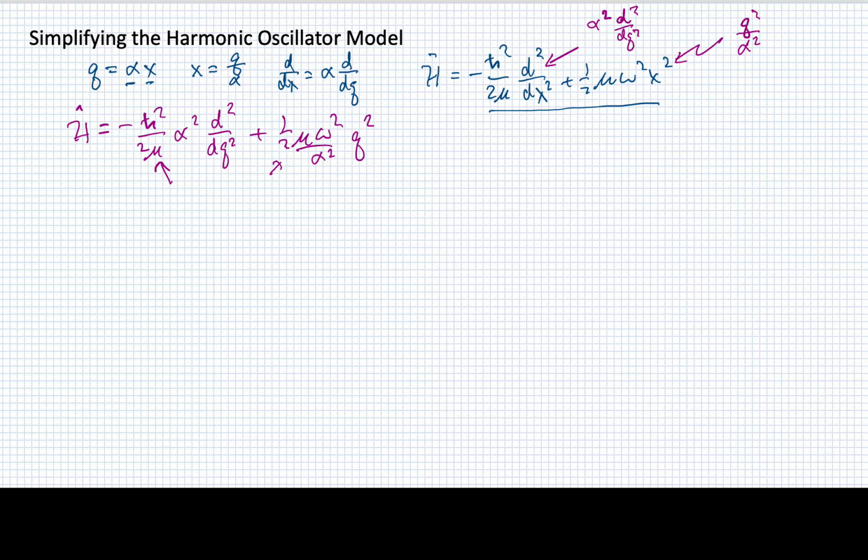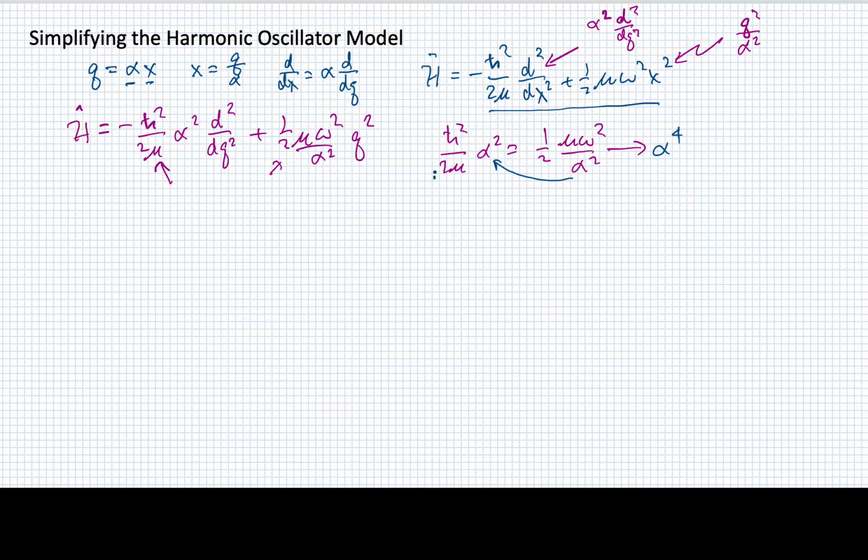If I want these two to be the same, then that means essentially that I want this factor to equal this factor. So I need to solve for alpha that does this. So let's collect all of the alphas on one side of the equation and all the other stuff on the other side of the equation. So when I multiply this alpha times this, I'll get alpha to the fourth.